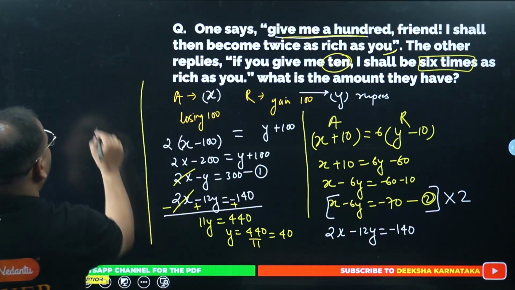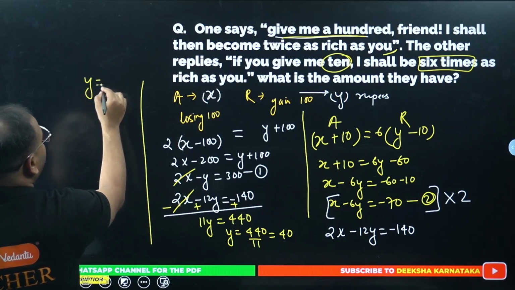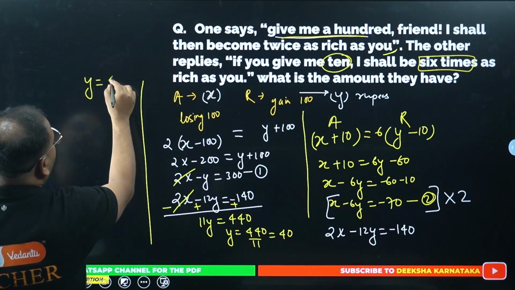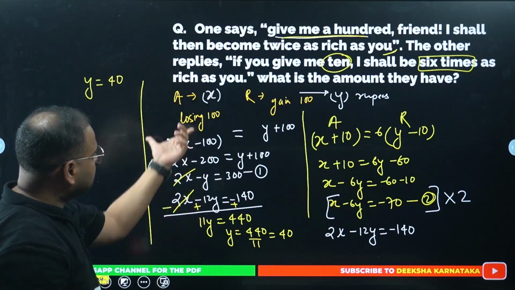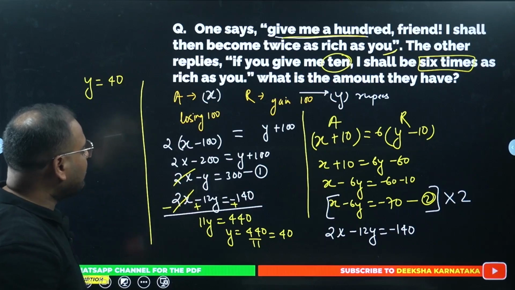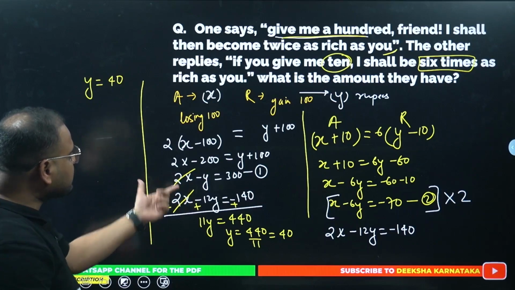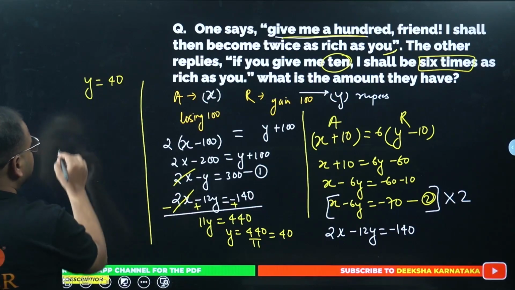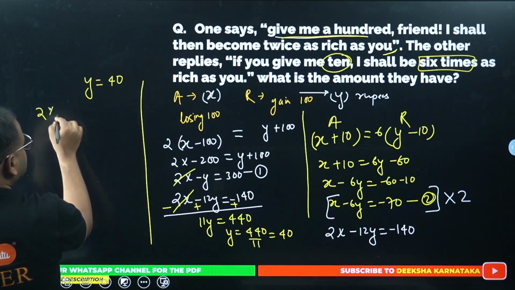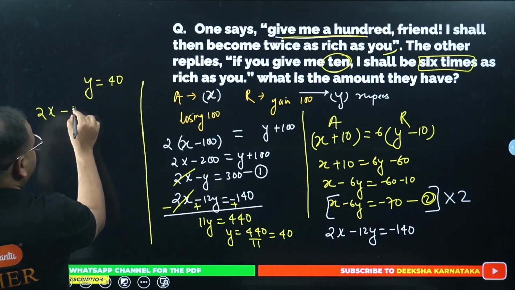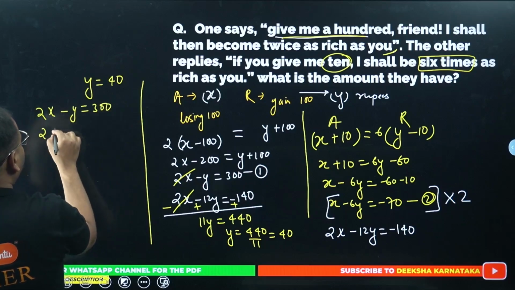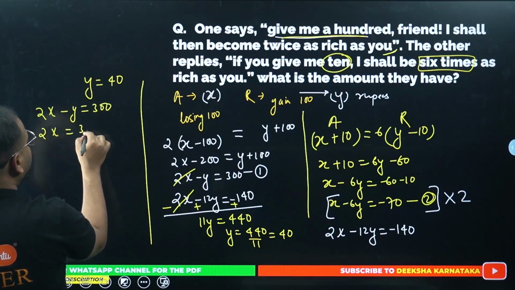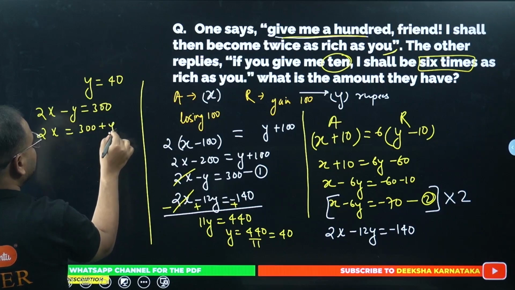What does Rutu have? Rutu has y equal to only 40 rupees. What about Akash? He has x. How will I find it? Use equation 1: 2x minus y equal to 300. 2x equals 300 plus y.